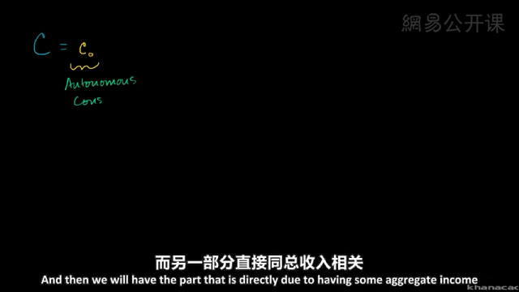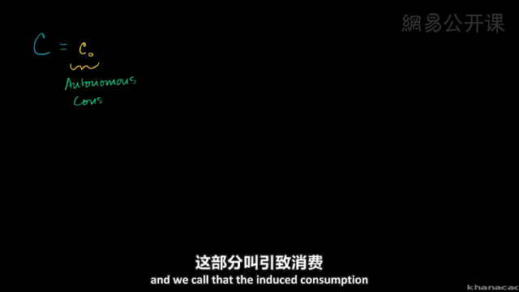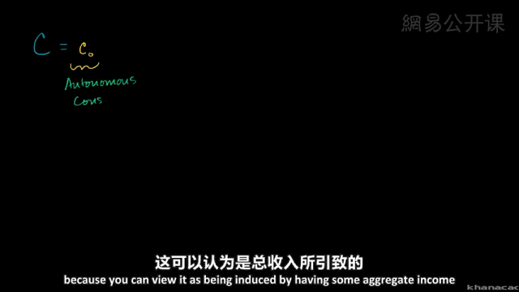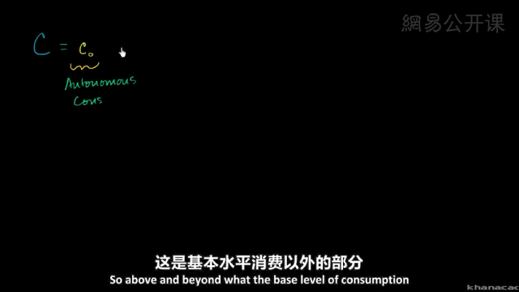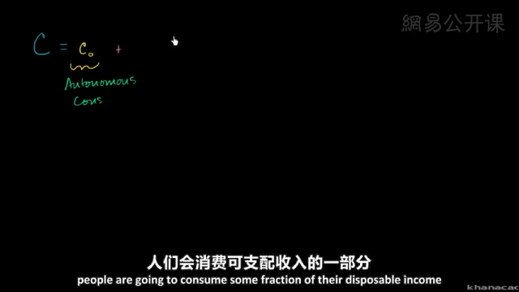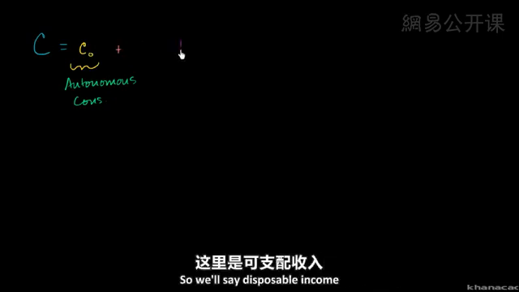And then we will have the part that is directly due to having some aggregate income. And we call that the induced consumption, because you could view it as being induced by having some aggregate income. So above and beyond the base level of consumption, people are going to consume some fraction of their disposable income.